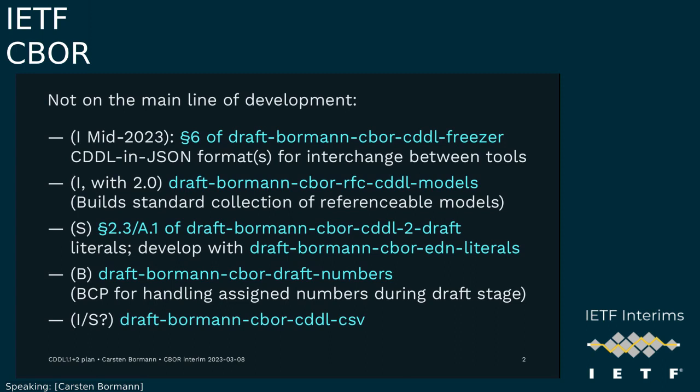So the objective of this draft is to essentially build a collection of referenceable models that work better for integrating them with models that use these models. So that's maybe something that we want to pay a little bit more attention to.